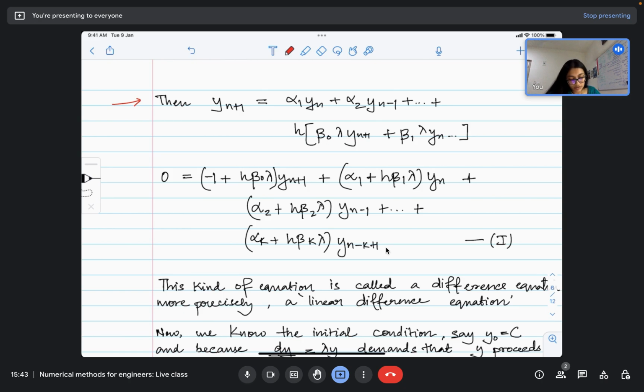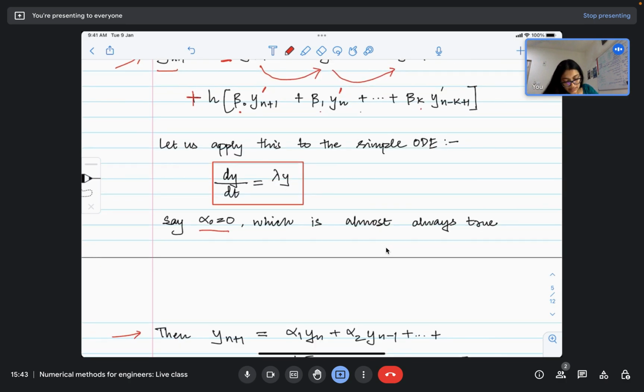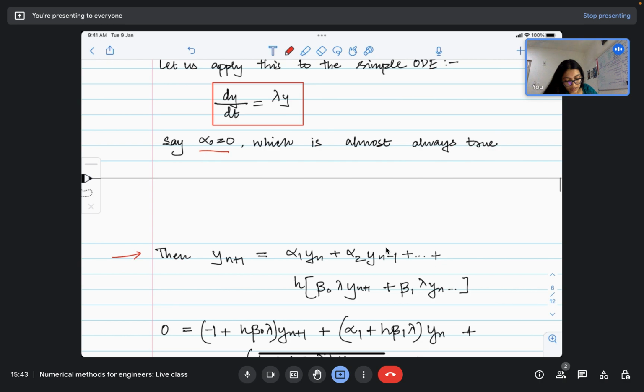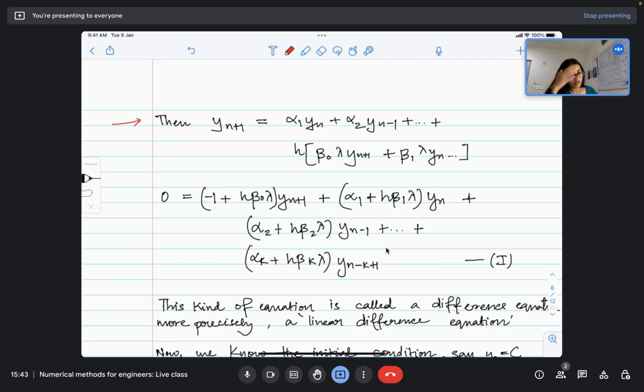And what we are going to do here is replace the values of y dashes, y primes with lambda y. So you replace it, and we end up with these terms now.